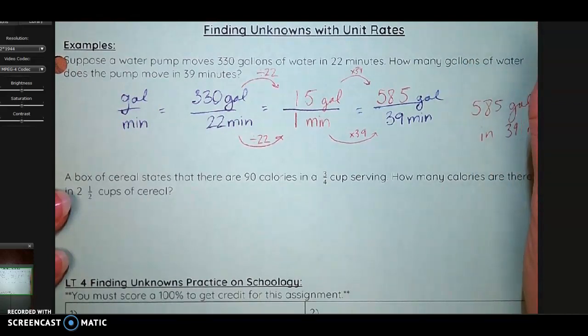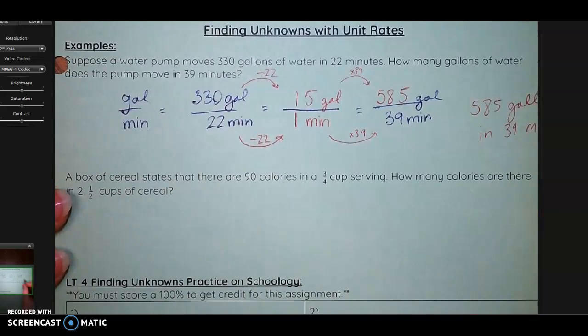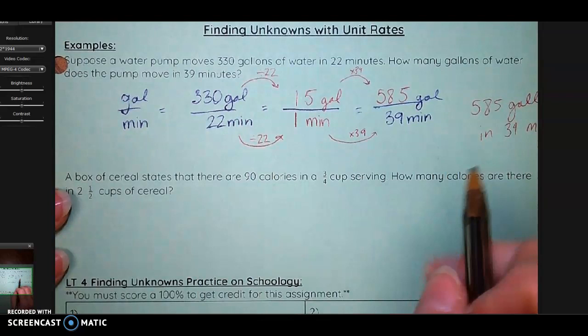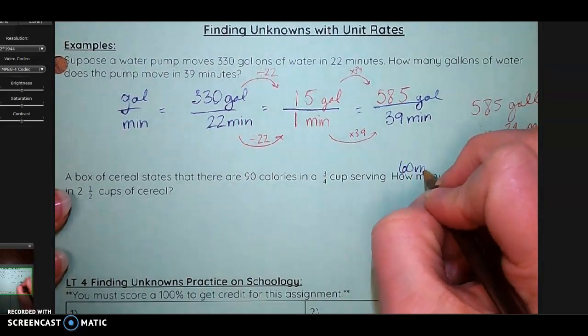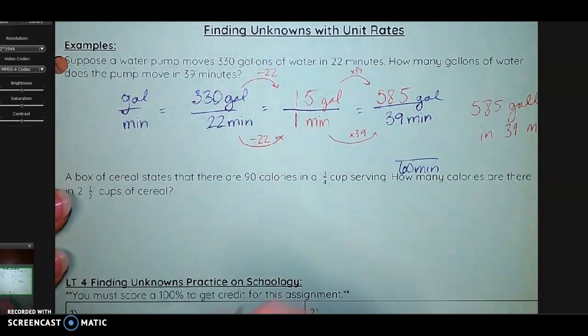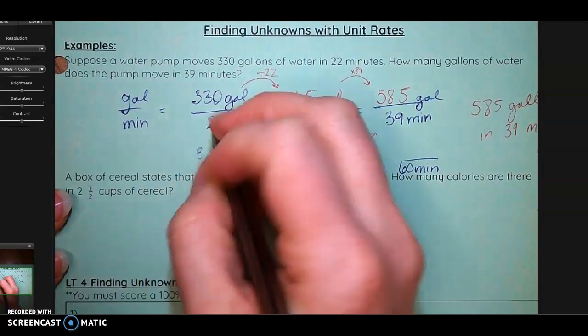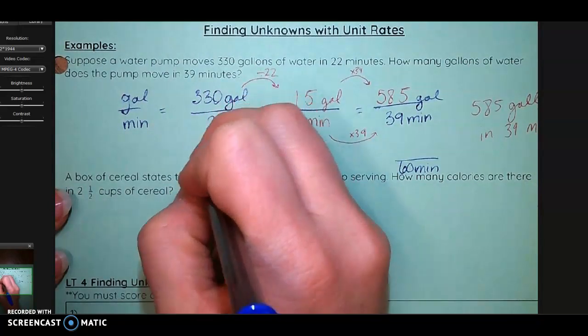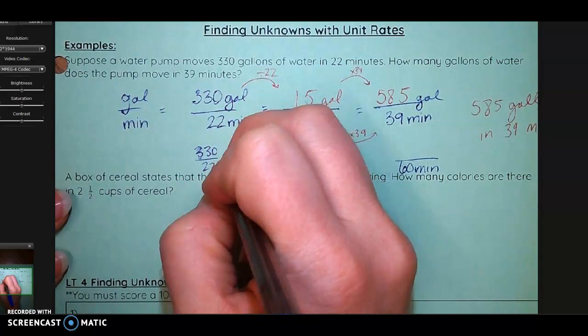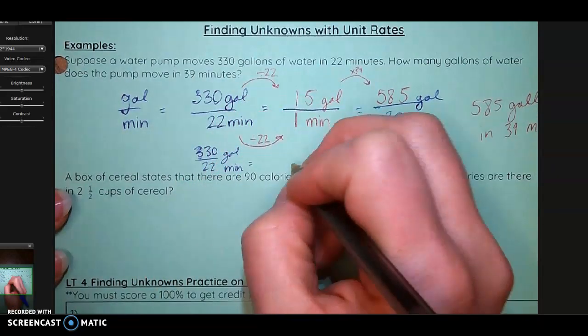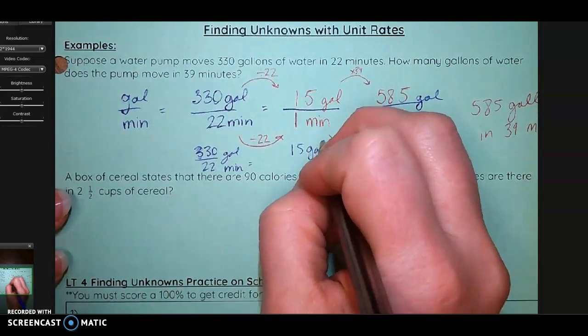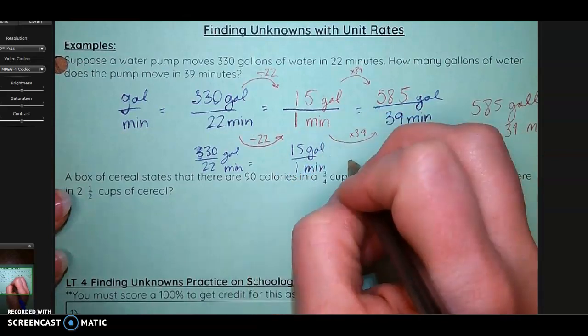in 39 minutes. Now, my first class today, we were like, that seems really weird. Why would you want to know about 39 minutes? What if we just made it an hour? Well, I can't use the hour since we're going from minutes to minutes, so we had to think of it as 60 minutes. So we did the same start of 330 divided by 22, and we found out that we could move 15 gallons in 1 minute.